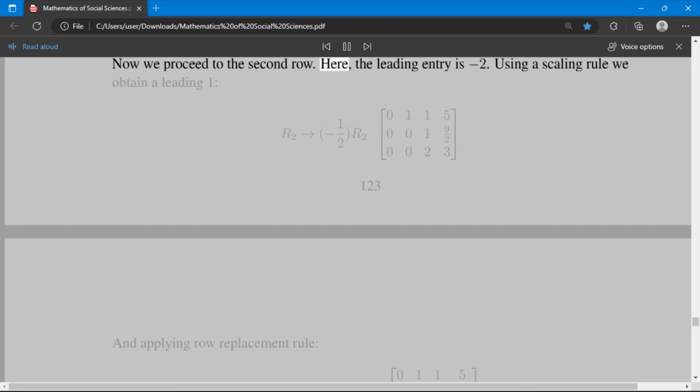Step 4. Now we proceed to the second row. Here, the leading entry is 2. Using a scaling rule we obtain a leading 1. R2 goes to 1/2 R2, giving 01150019200023. 123.